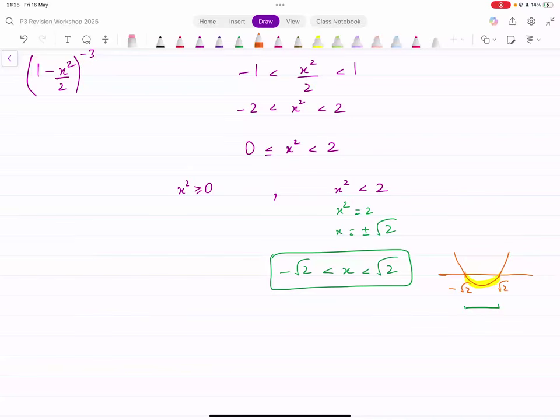The only condition that really matters is that x² has to be less than 2, and from that we get that x is between minus root 2 and plus root 2. Does that make sense? That is how you would actually approach this. Yeah, but confusing.